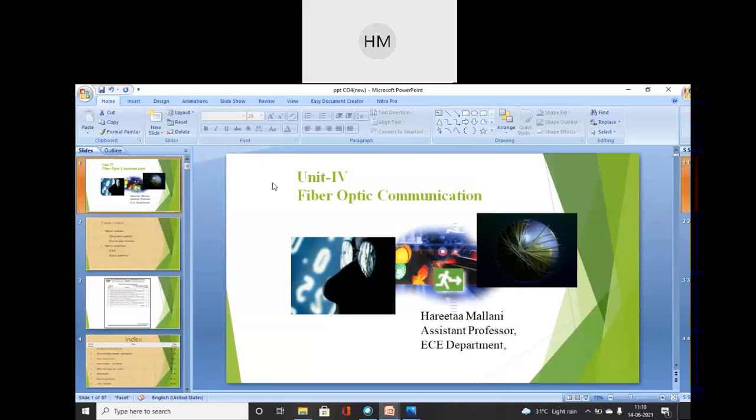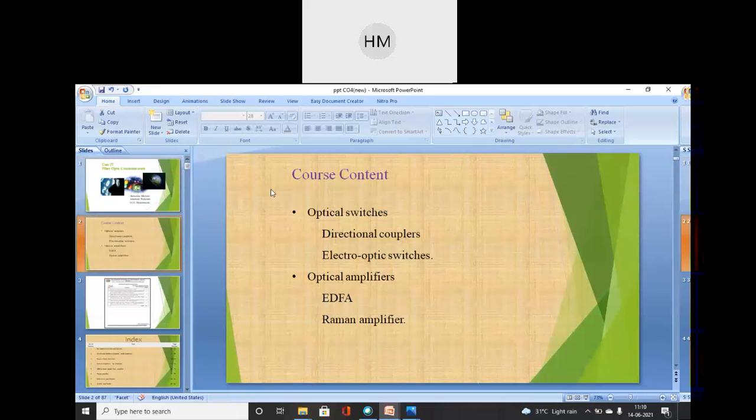So today we are going to discuss Unit 4 of fiber optic communication, which constitutes optical switches and optical amplifiers. We started fiber optic communication from basic construction, types, and causes of losses: attenuation, absorption.